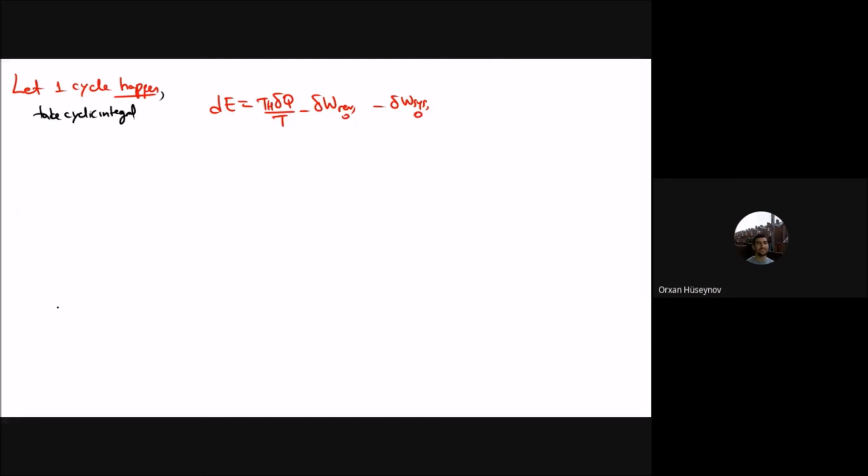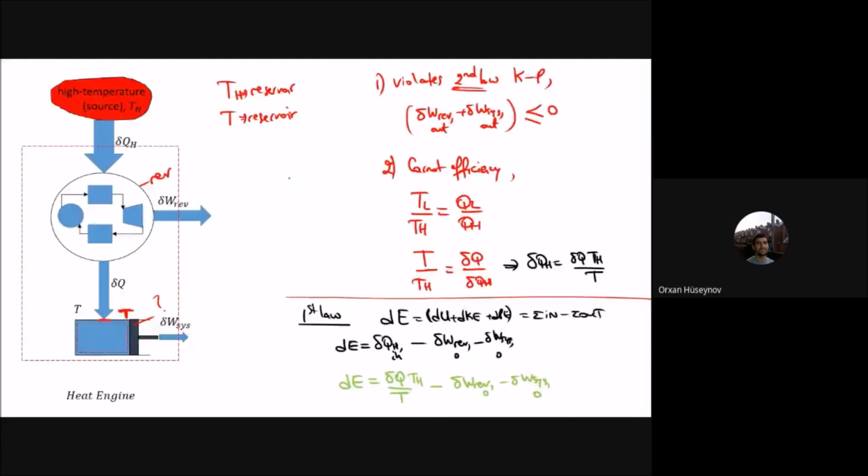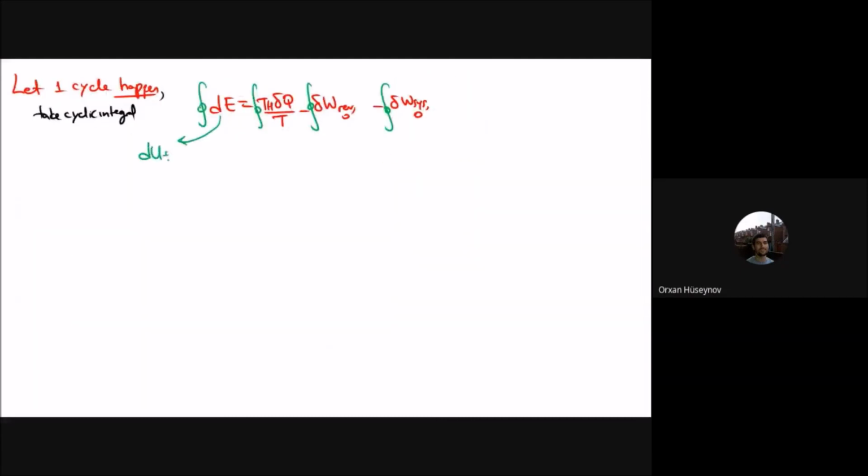Now I will take the cyclic integral to see what happens, for this one, that one, and the others. We know that dE is the sum of du, d kinetic energy and d potential energy, and all of them are point functions.